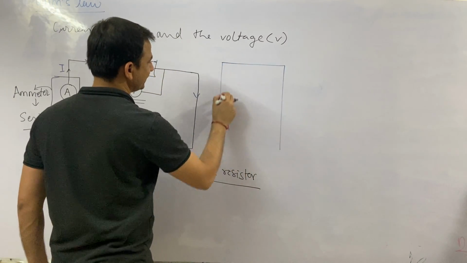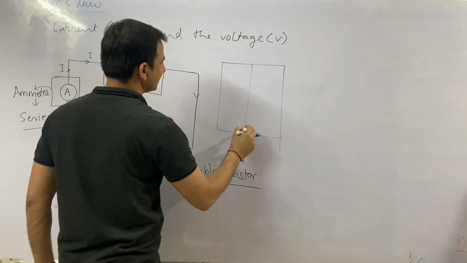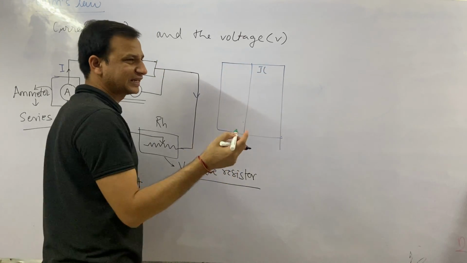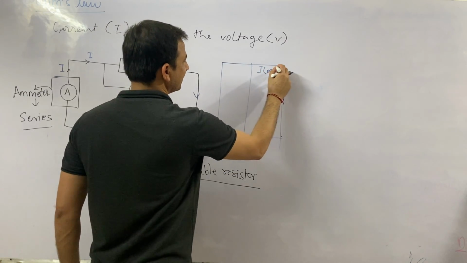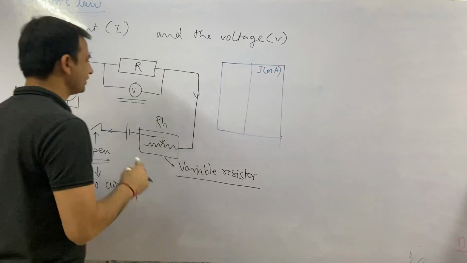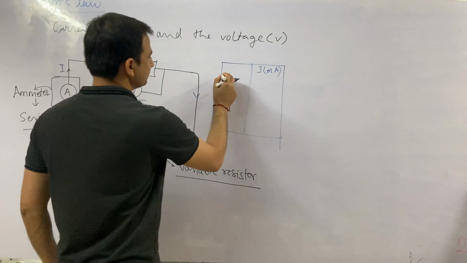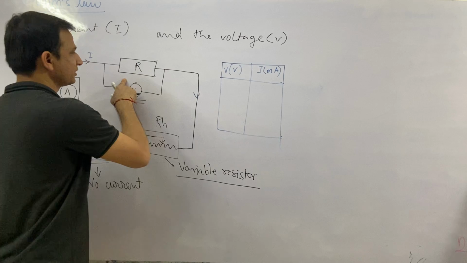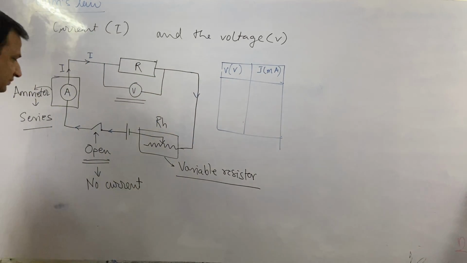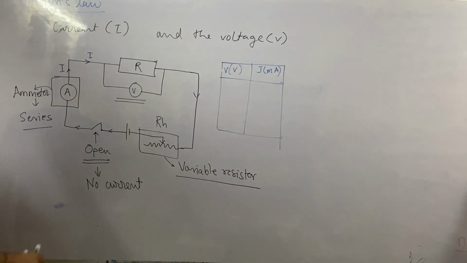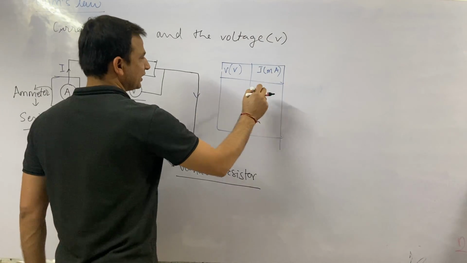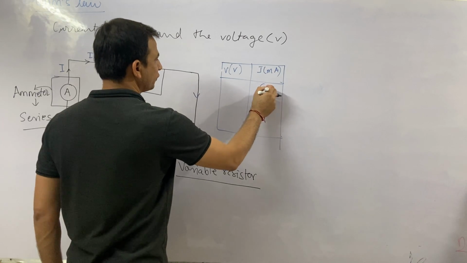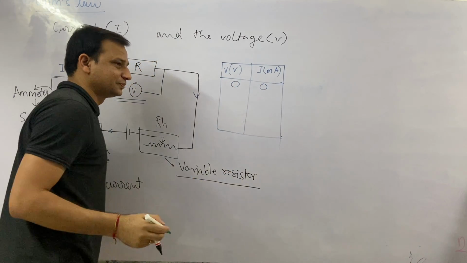If we make a table here, we can write the current, in either milliampere or ampere depending on the capacity of your circuit, and the voltage across the resistor in volts. Initially when the circuit is open, no current flows and there is no voltage.